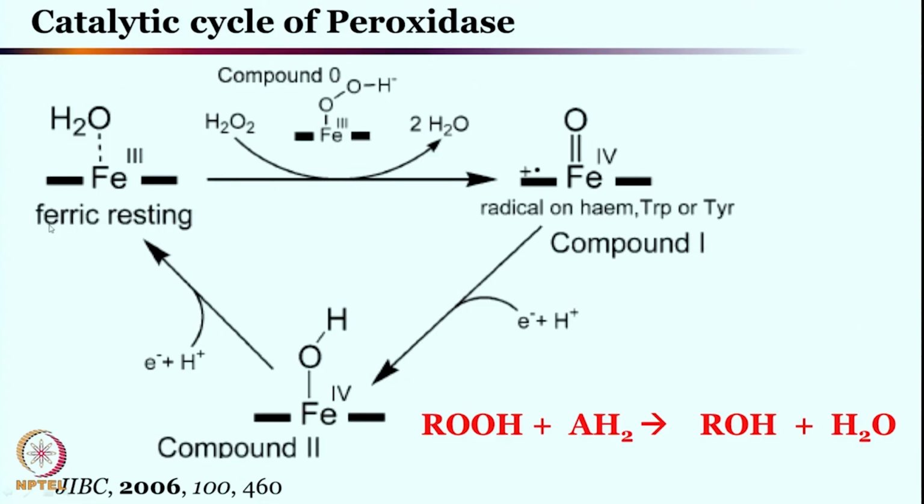So, once again we start from the ferric resting state, with a water bound. The reaction of hydrogen peroxide with iron 3 gives rise to the iron 3 hydroperoxo intermediate. The displaced water is one of these waters, and then the protonation on the terminal hydroxo gives rise to another water molecule.